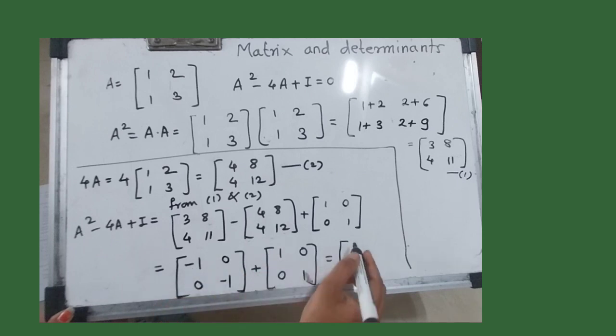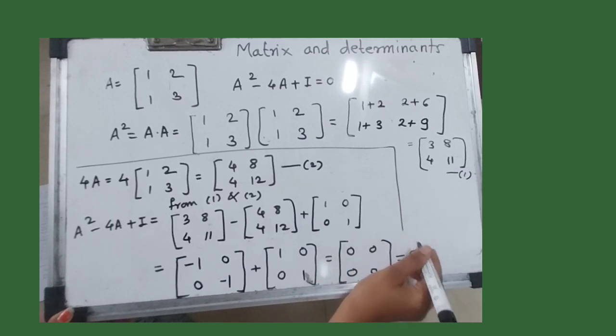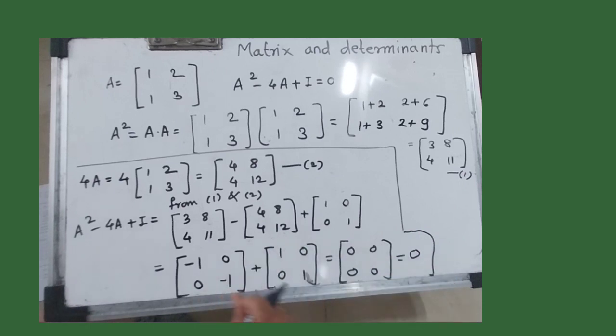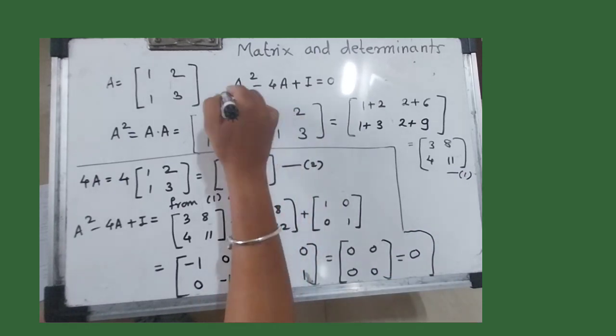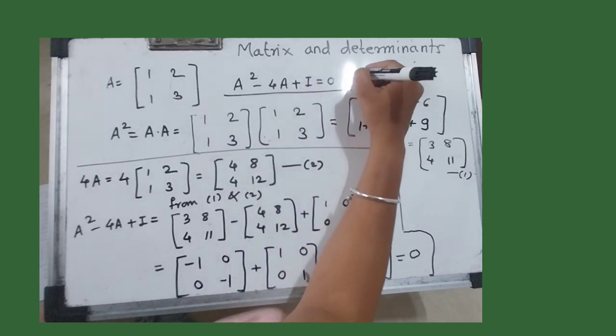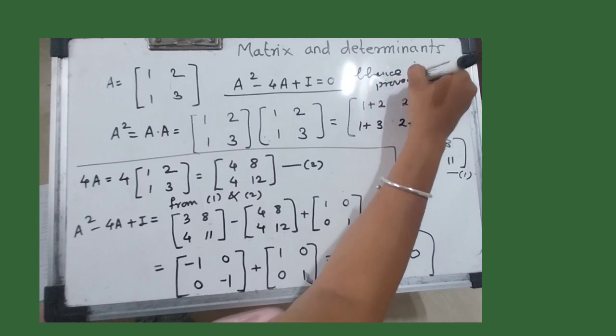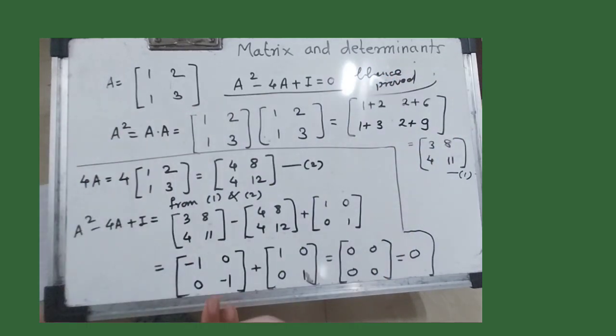Minus 1 plus 1 is 0. 0 plus 0 is 0. Here 0 plus 0 is 0. Minus 1 plus 1 is 0. So what we get here is equal to 0. Hence proved. Write this below this step: hence proved. Okay, this is for 4 marks.